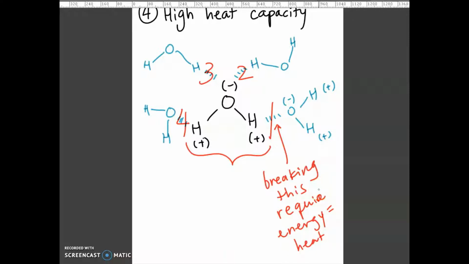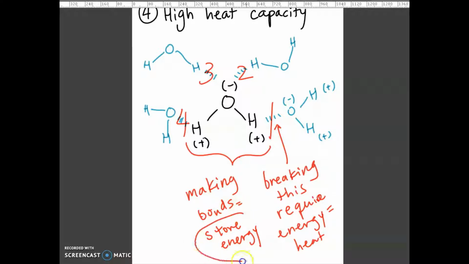So water as a substance is going to have the ability to store a lot of heat within these bonds, because making all of these bonds is going to store energy. So because it can make 1, 2, 3, 4 bonds with 4 other different molecules, your water can make a lot of bonds, can store a lot of energy, and it can also provide a lot of heat.